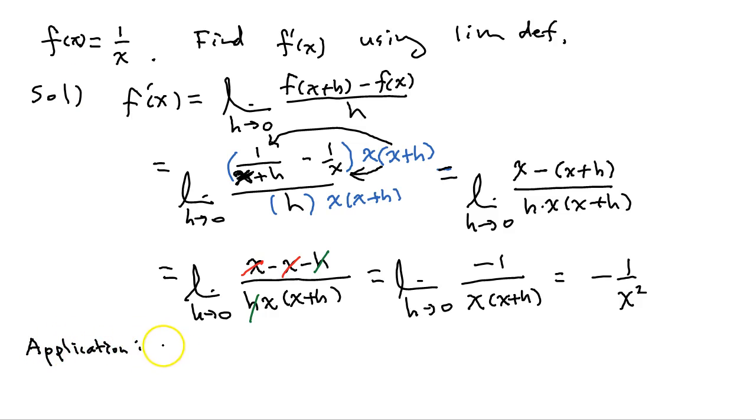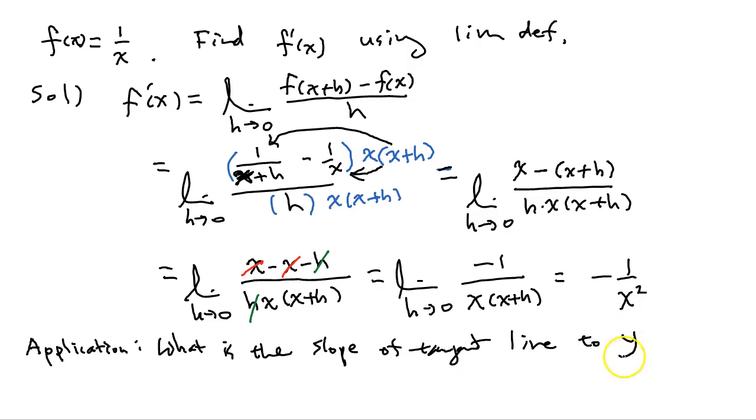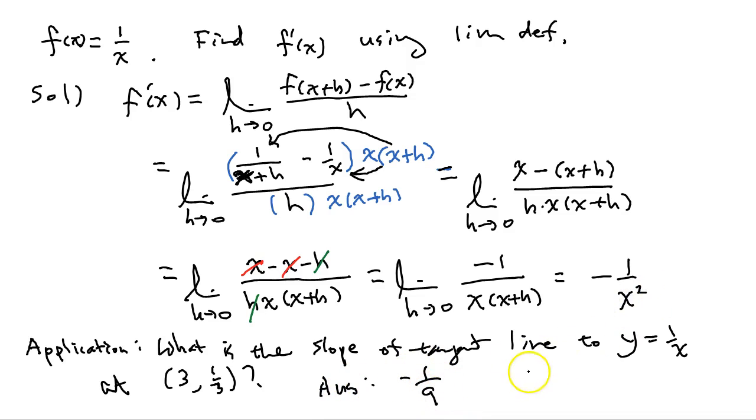If you're given the same function, and you were asked, what is the slope of the tangent line to y equals 1 over x at (3, 1/3)? If that's the question, then since the x value is 3, you just have to plug in 3 to this, and the answer is simply negative 1 over 9, because 3 squared is 9.